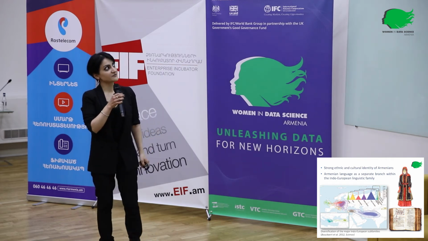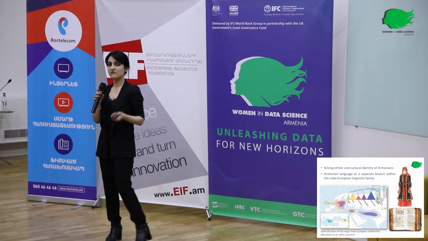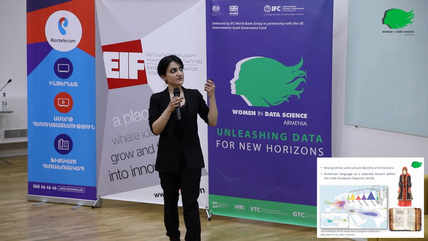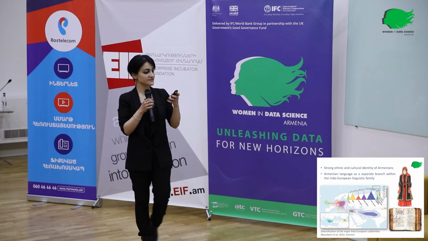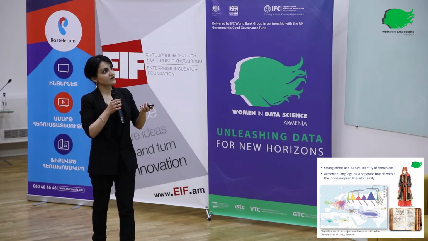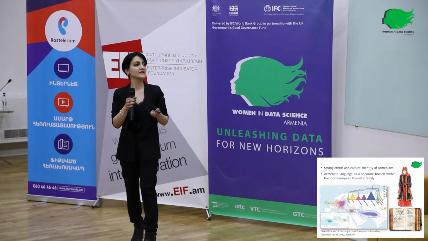The second reason is that we have a strong ethnic and cultural identity. We have our own alphabet, our own church, our own language, and our language originated approximately 5,000 years ago, when it separated from the main branch of the Indo-European language family.